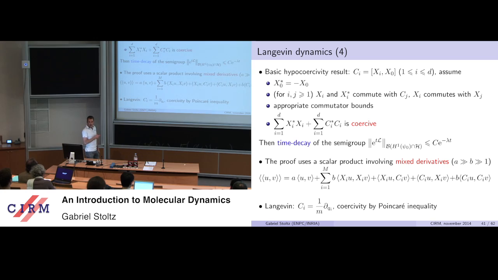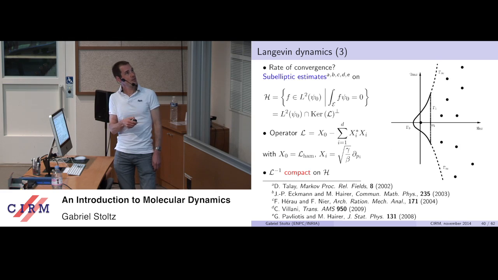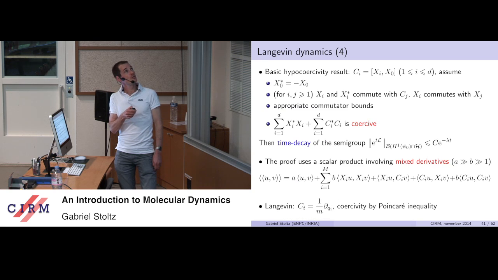So to apply hypocoercivity, you need some structure on the equation, and it's precisely that the X0 part here is anti-symmetric. For the Xi and X, there are some technical conditions on commutator bounds and so on. There is one important quantity, which is the commutator between the antisymmetric part and the Xi, which I recall from the symmetric part of the operator. So you consider this operator Ci.